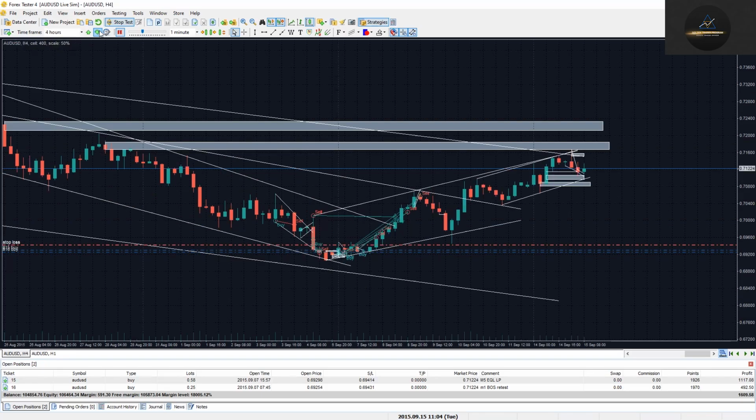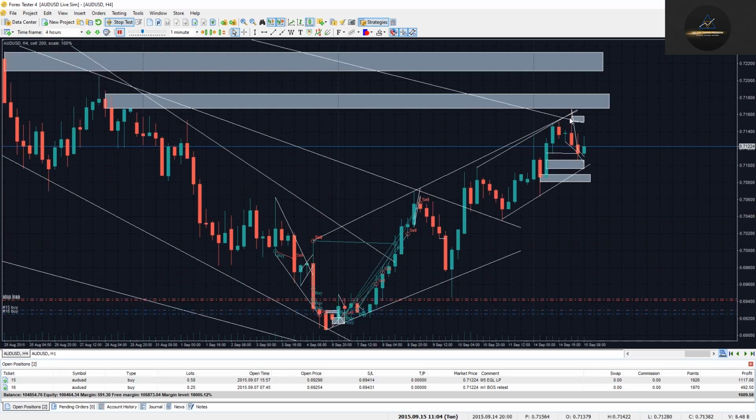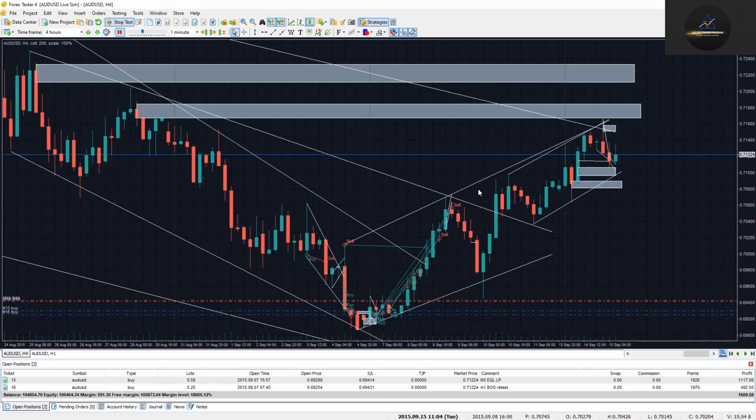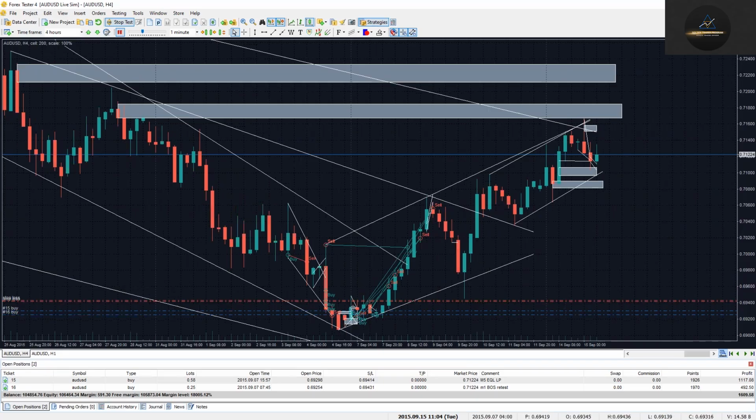Let's go down to H4. We've had a reaction from this trend line, but again, we've had multiple confirmations of the trend. You can see the momentum here. From a wave theory perspective, I can see wave 1, 2, 3, wave 4 is above.